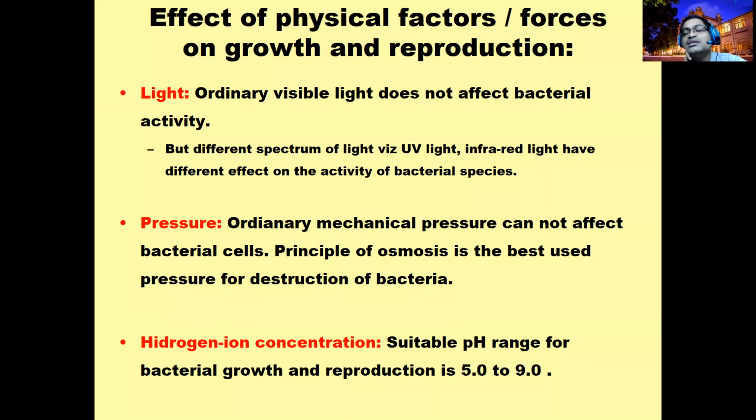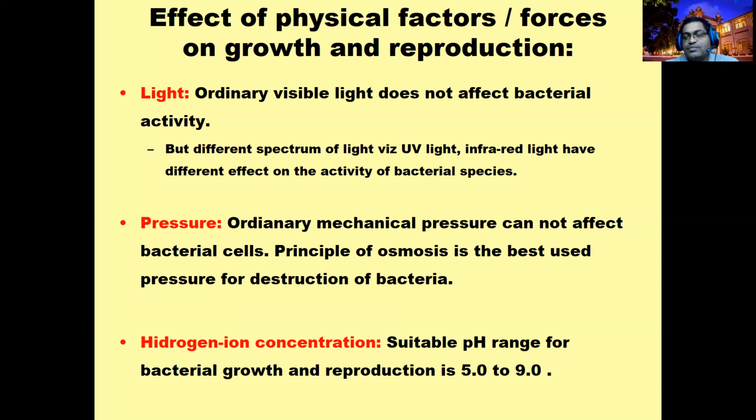That's why we use these rays for surface sterilization of atmospheric conditions. Light is also indispensable. Certain bacteria will not tolerate even the ordinary light range. They prefer the dark. That type of bacteria we normally cultivate under dark conditions.